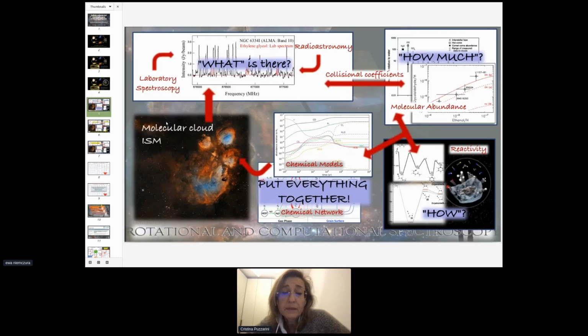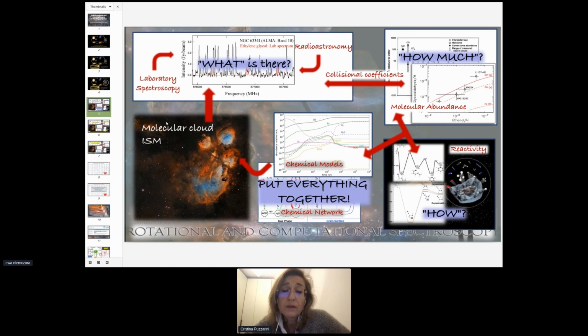Next slide, please. And so here you have a sketch of how to perform a characterization from a chemical point of view of the chemistry of a molecular cloud.